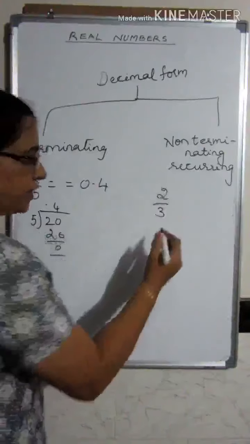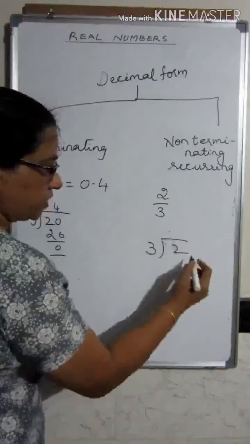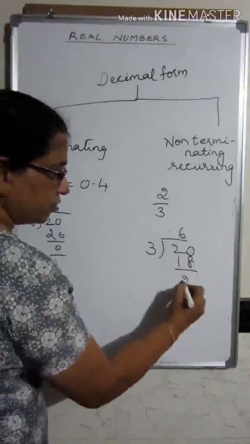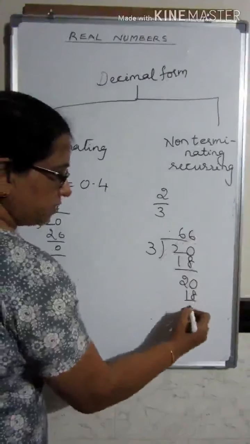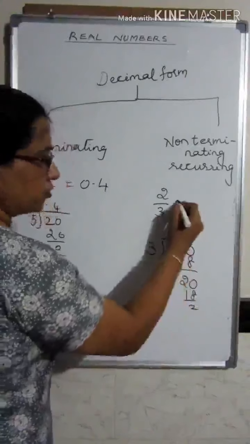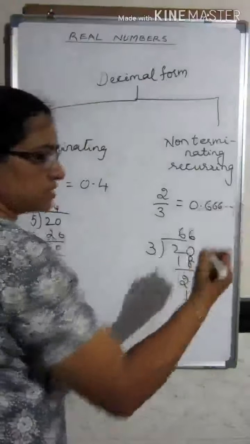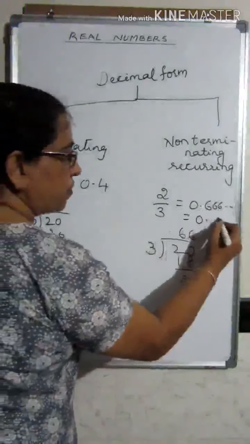When you do the division, what you can observe here is, you put a point, you have taken a 0, 3 6s are 18, again you have got 2, 3 6s are 18. So the same number is continuing. So you write this as 0.6666. That 6 keeps on recurring. So in short, you write this as 0.6.